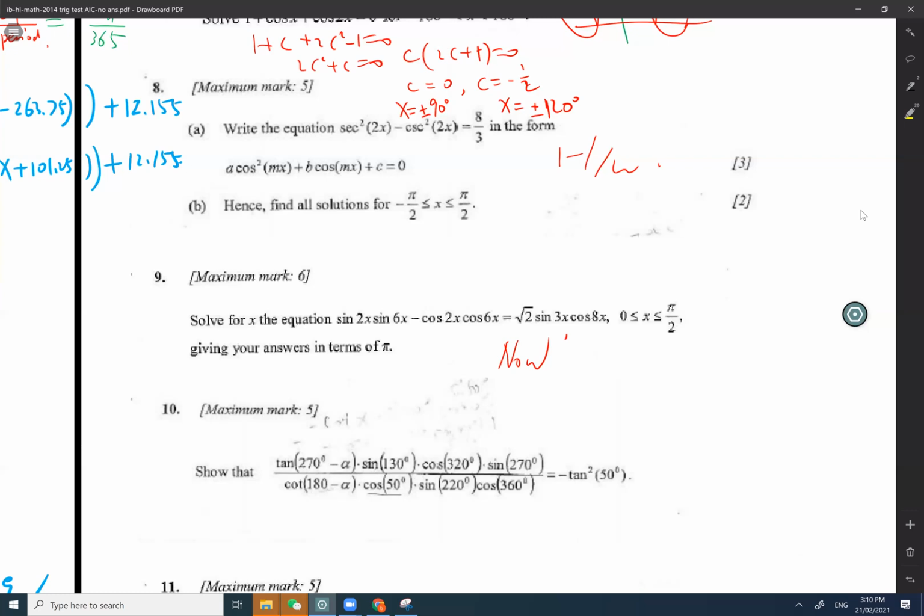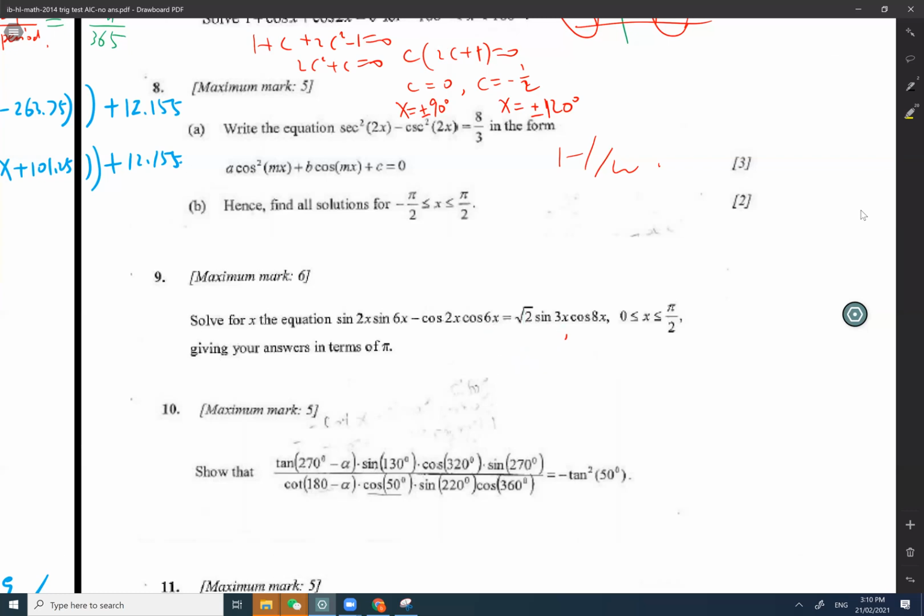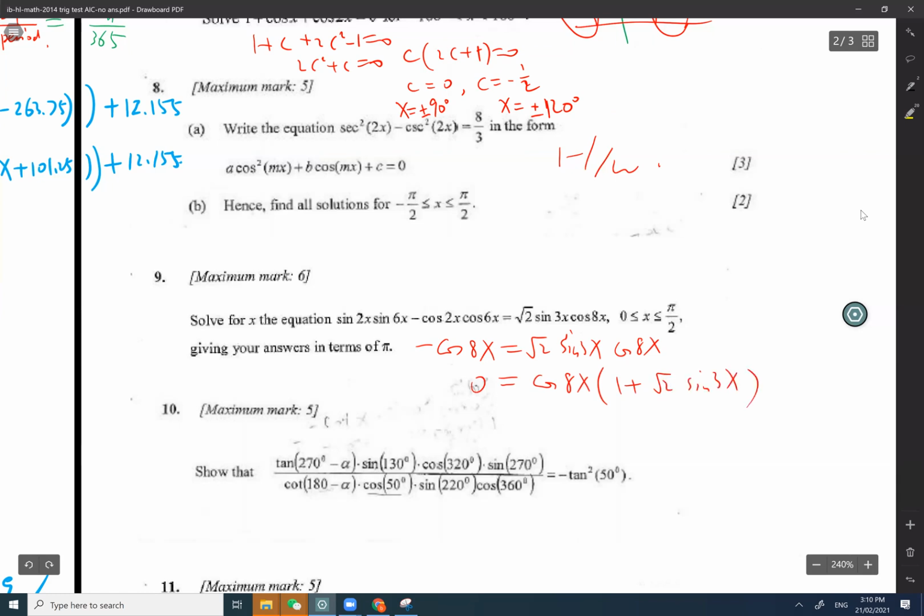Cos minus cos gives you cos, minus sin gives you cos. But this is sin minus cos, negative cos 8x. Which means cos 8x equals 0.